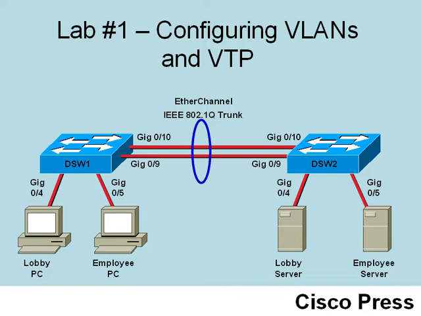And there are different ways of creating a trunk. Much like the PAgP frames, the Port Aggregation Protocol frames that EtherChannel used to set up an EtherChannel, trunking can use DTP, the Dynamic Trunking Protocol, in order to set up a trunk. We have one switch set to desirable mode, and that switch can send DTP frames to the other side, and maybe that other switch is set to auto mode.